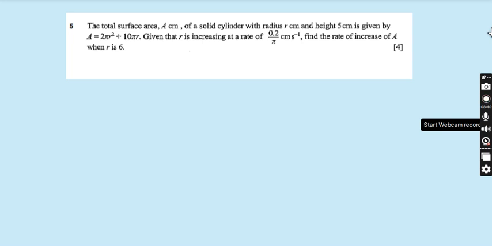First, write the formula which is given in the question. The total surface area A equals 2 pi r square plus 10 pi r.